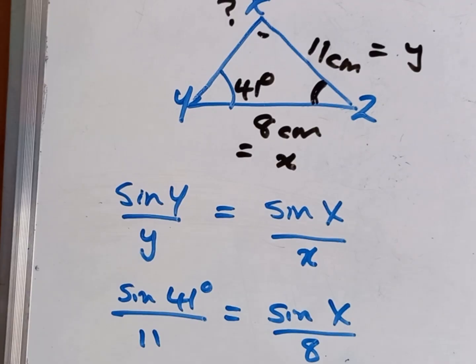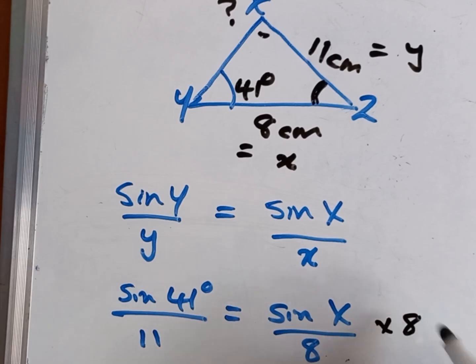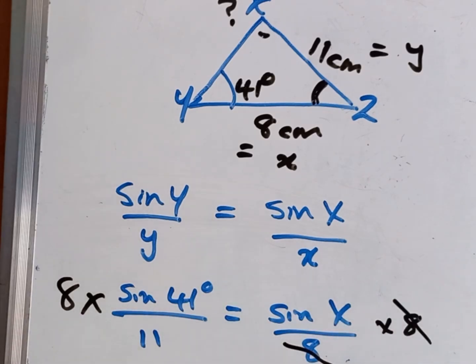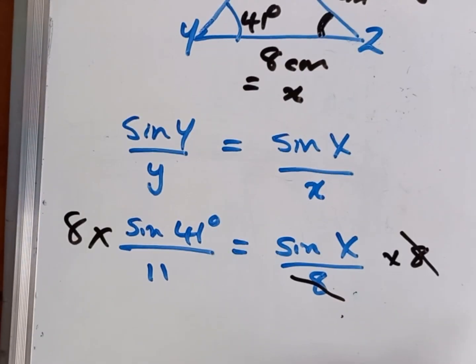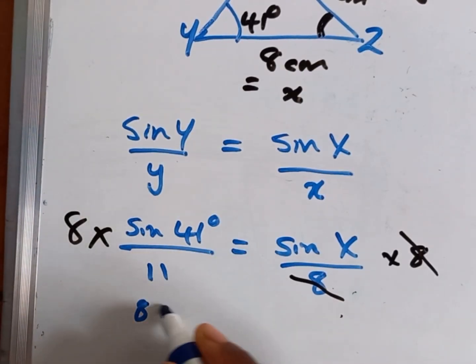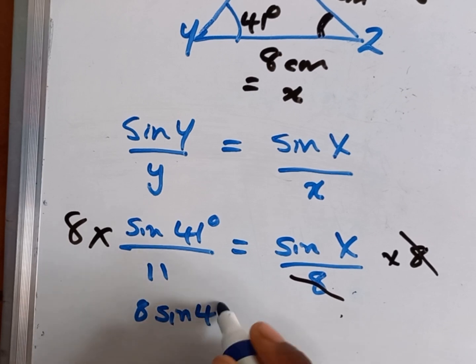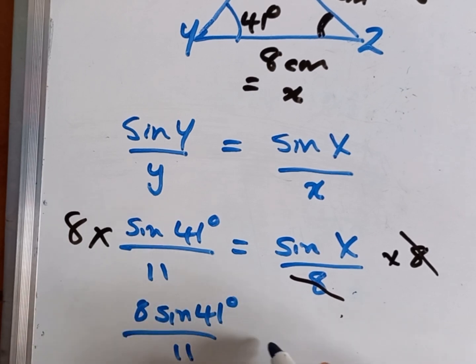This time we are going to multiply both sides by 8 so that we make sine x the subject of the formula. What happens is this 8 cancels out with this 8, and we move to our left side. So it becomes 8 sine 41 degrees over 11 is equal to sine x.